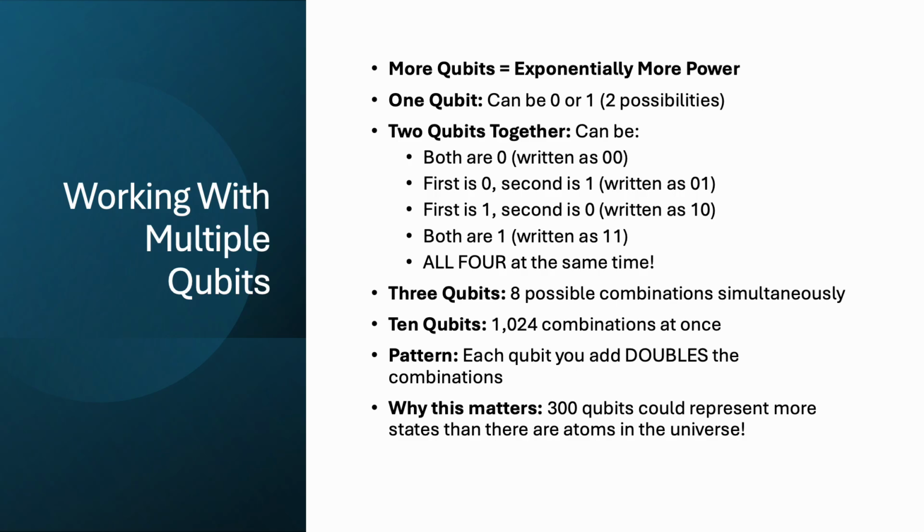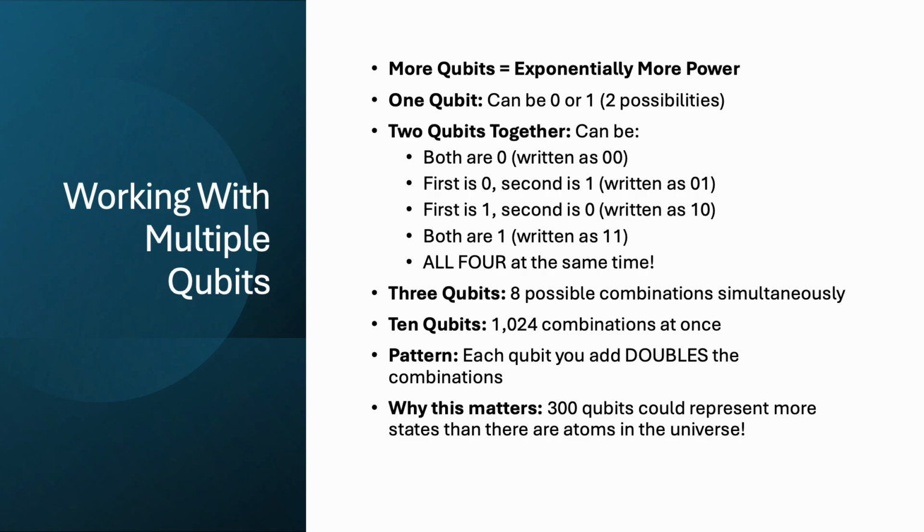With two classical bits, you could have four possible combinations as mentioned earlier: 0 0, 0 1, 1 0, or 1 1. But you can only be in one of those states at any given time. However, two qubits in superposition can be in all four of these states simultaneously. This is where quantum parallelism begins.